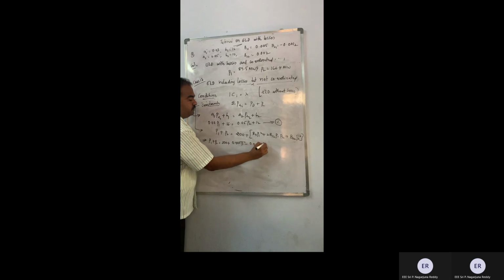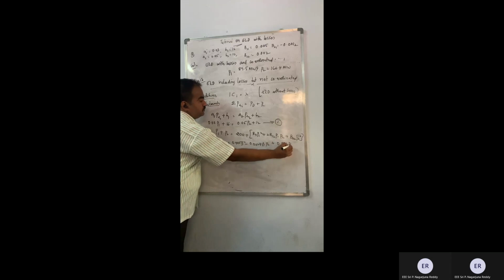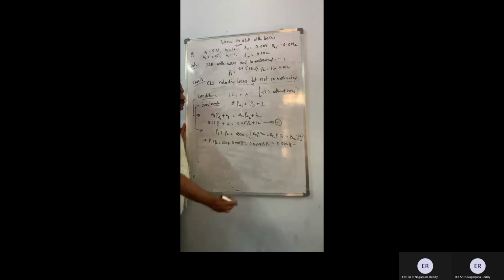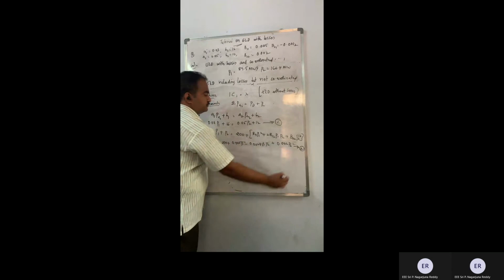If you carefully see, P1 plus P2 is equal to 200 plus B11 is 0.005 P1 square plus 0.002. This is equation number 2. Solving 1 and 2, we will be getting P1 and P2 values.